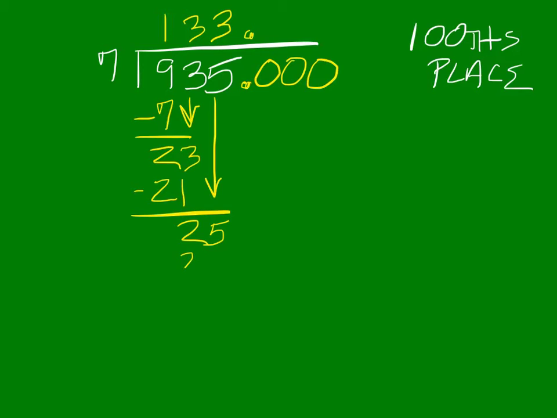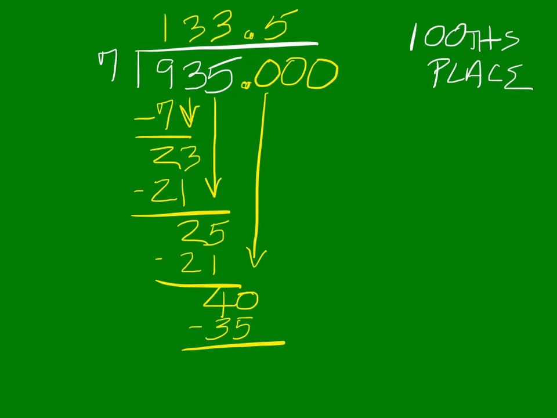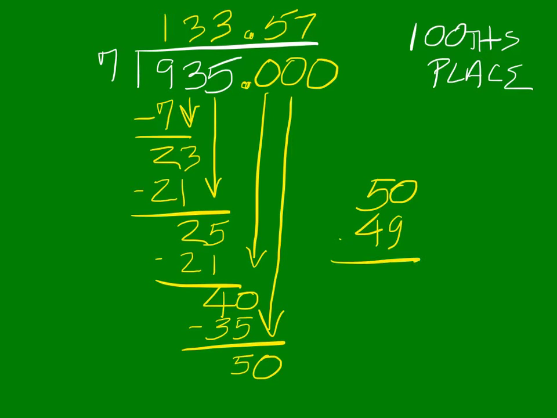And that's going to be 21. 4 left over. Drop the 0. 7 into 40 5 times. 5 left over. Dropping that 0. 7 into that 7 times for 49. 1 left over, and you drop that last 0, and 7 goes into it once.